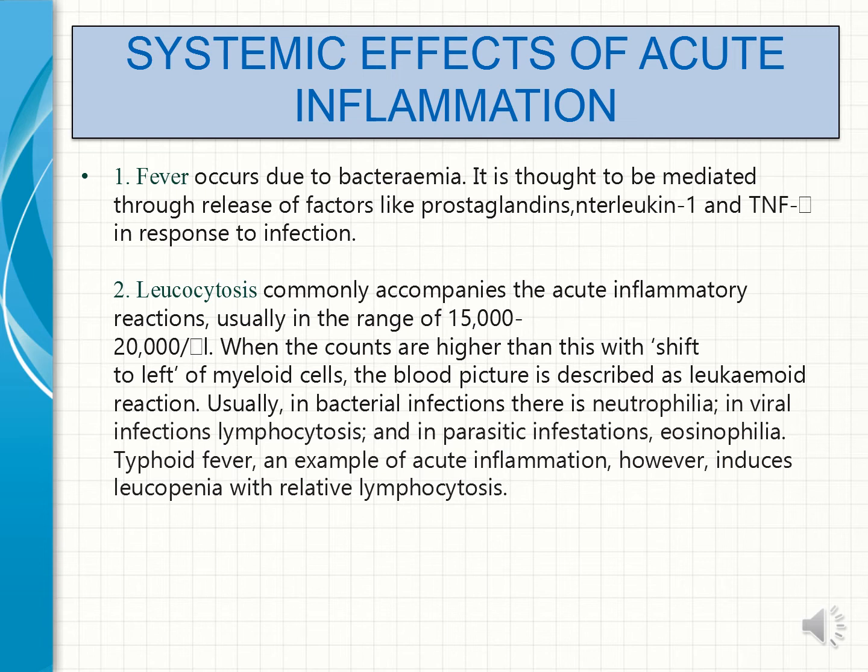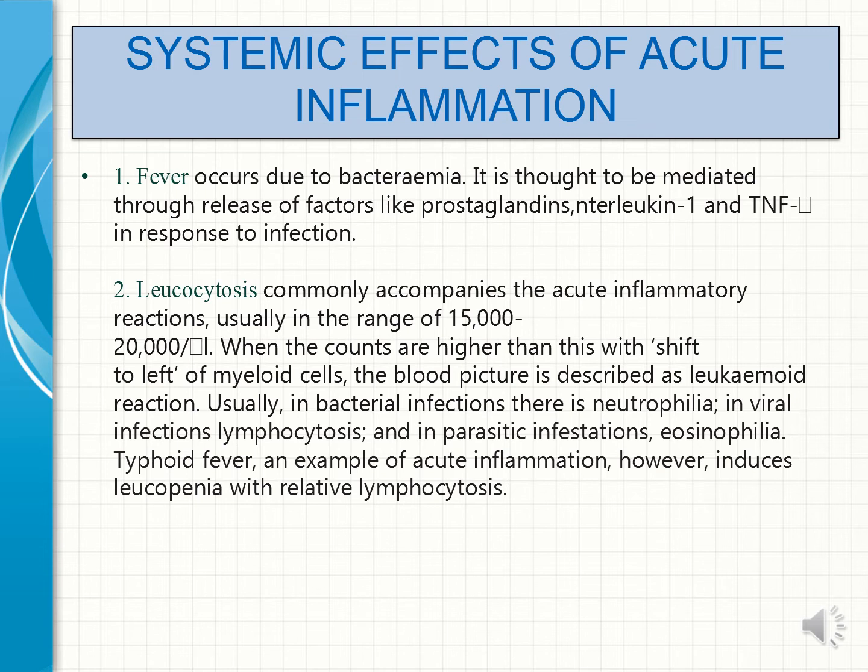Leukocytosis commonly accompanies the acute inflammatory reactions, in the range of 15,000 to 20,000 cells per milliliter. If the counts are higher than this, with shift to left of myeloid cells, the blood picture is described as leukemoid reaction.